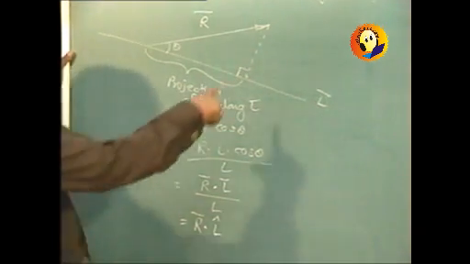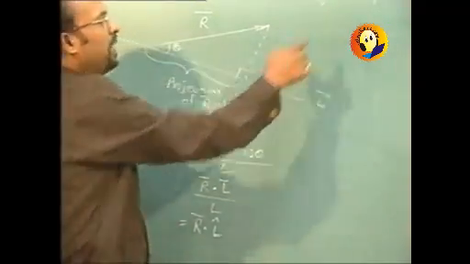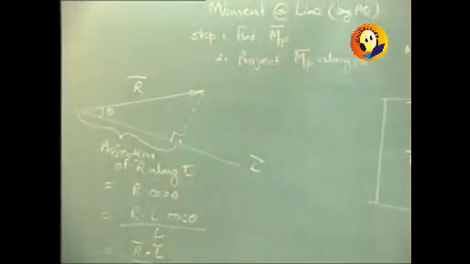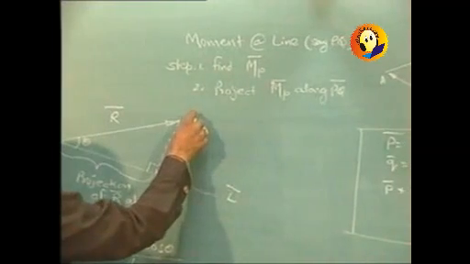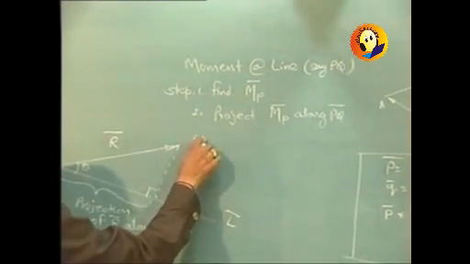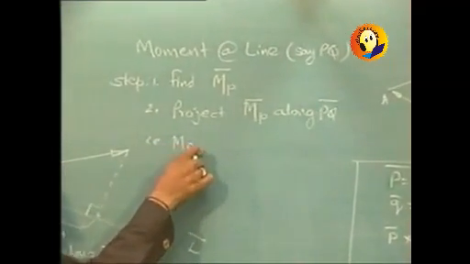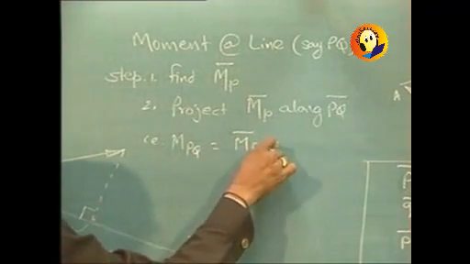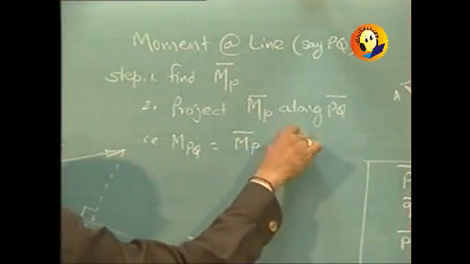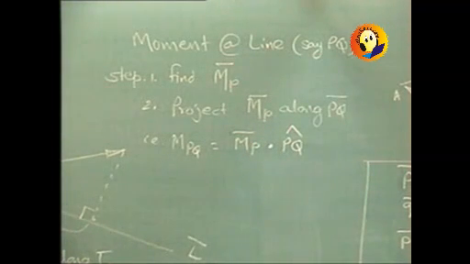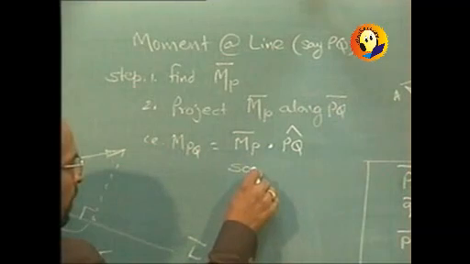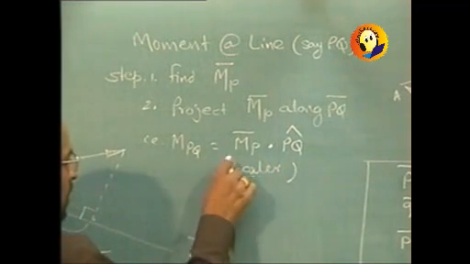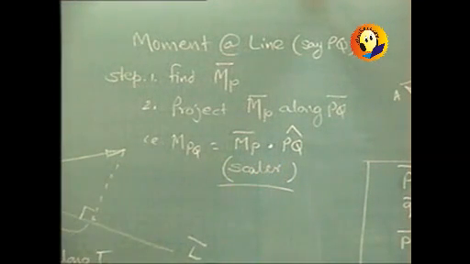And so when we say project MP bar along PQ bar, that is the moment about line PQ, it will be MP bar dot PQ cap. That will be the required answer. Of course, this answer is going to be a scalar, not a vector, whereas MP bar is a vector.